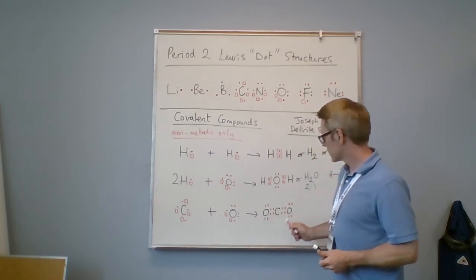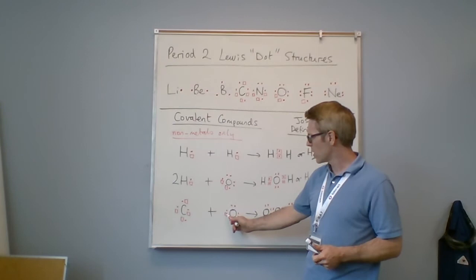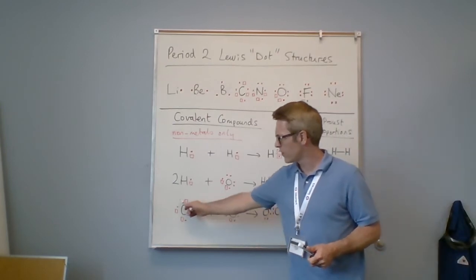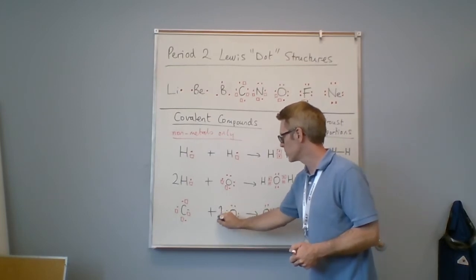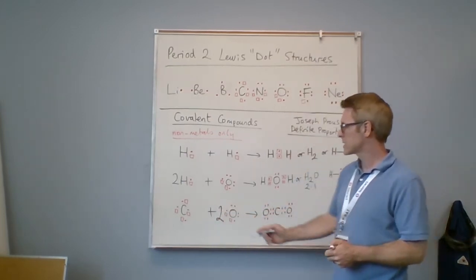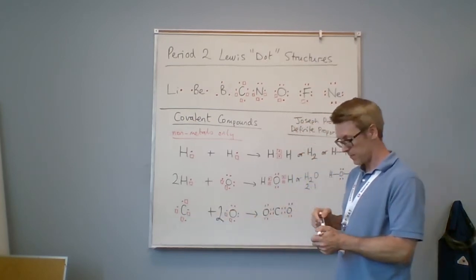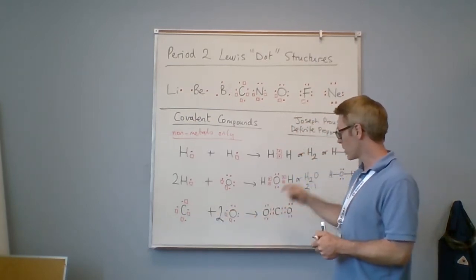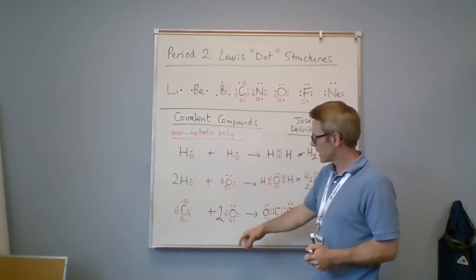So let's look at the dots first. Well, first of all, I notice that I've got 2 boxes, but I've got 4 dots. So I clearly need to scale oxygen by 2. This gives me 4 dots here and now 4 boxes. So that's why I have 2 oxygens here, because I've scaled by 2. So how many dots do I have total?